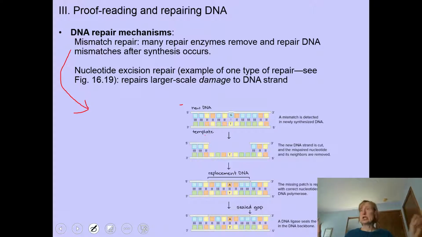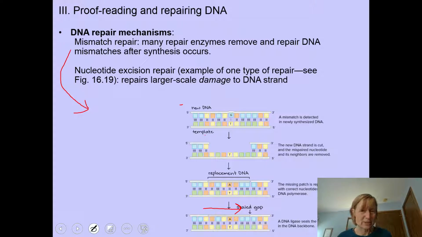Oh, there's a mistake here. G can't be paired with T. That's a disaster. And these mismatch repair enzymes will actually remove a chunk of DNA right by the mismatch, and then a DNA polymerase will come along and build the new DNA again. And then ligase will seal the gap, and we'll have a wonderful repair.